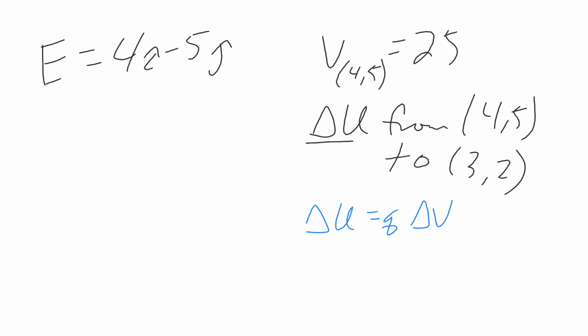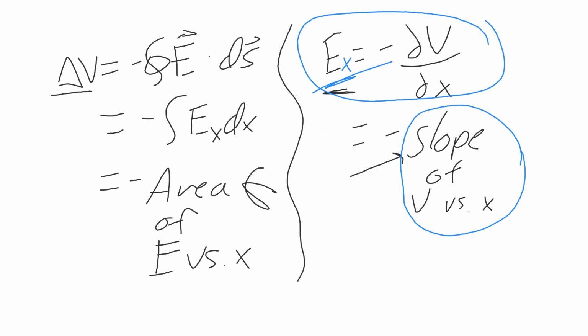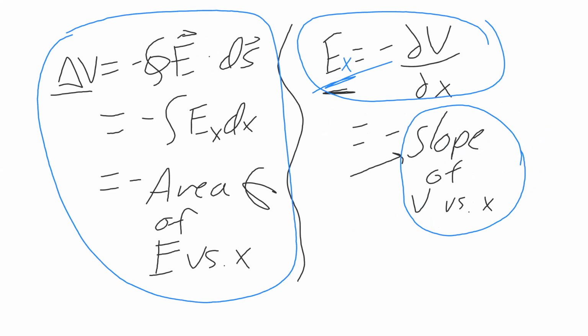So that's going to be my potential at 3 comma 2 compared to my potential at 4 comma 5. Now, how do I get my potential at 3 comma 2 from the electric field? Well, how do I get potential from electric field? That's got to be this guy right here, right? The potential difference comes from something about doing the integral of E with respect to distance.